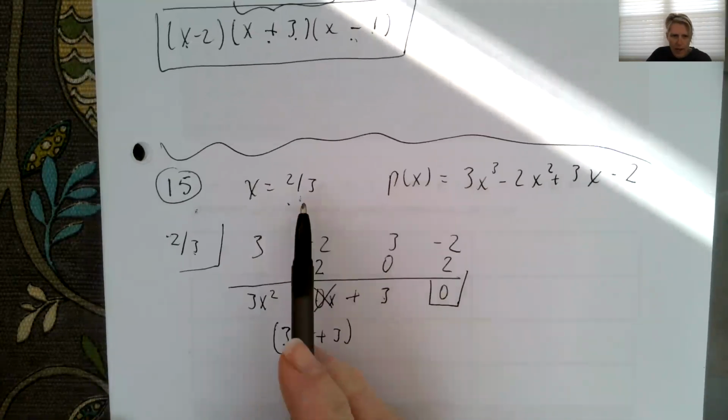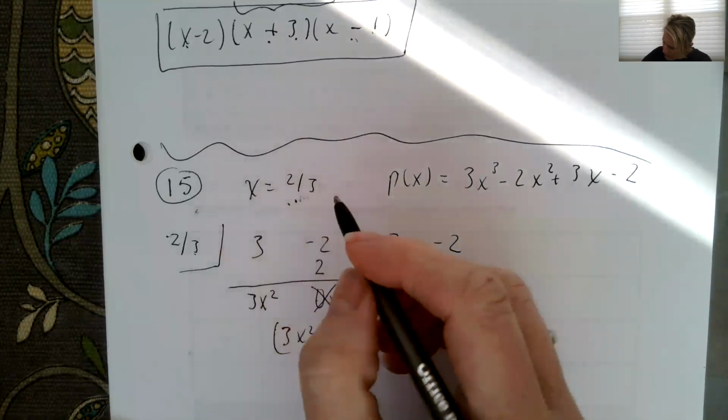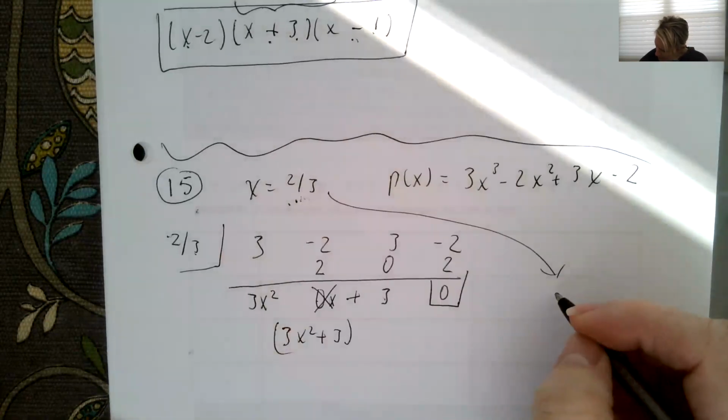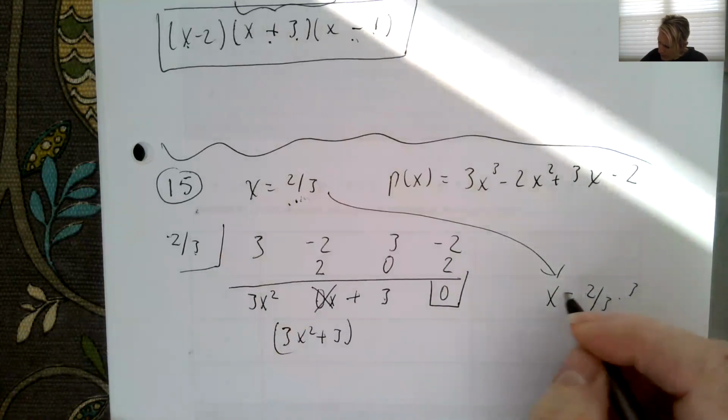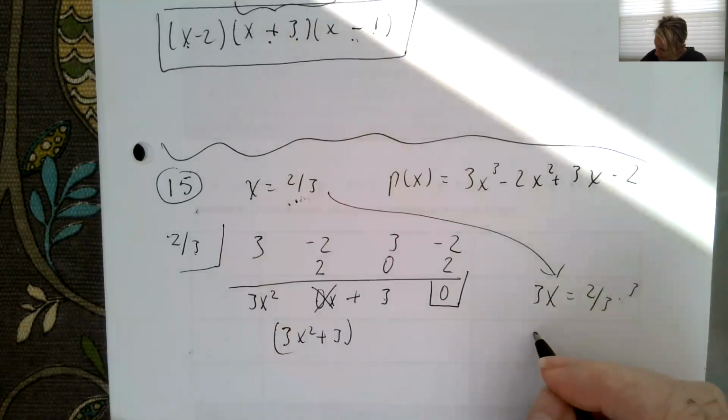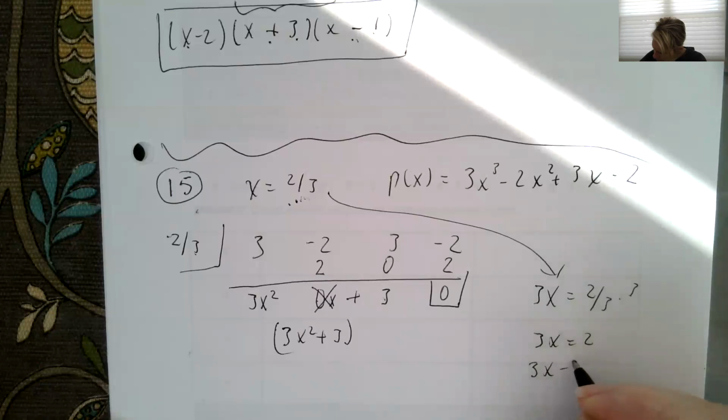And then x equals 2/3 is a zero. So if we multiply both sides by 3, we get 3x equals 2. And if we subtract 2 from both sides, this is one of our factors.